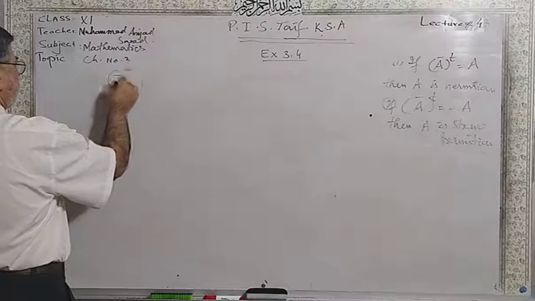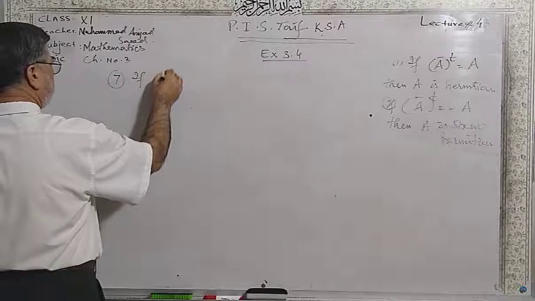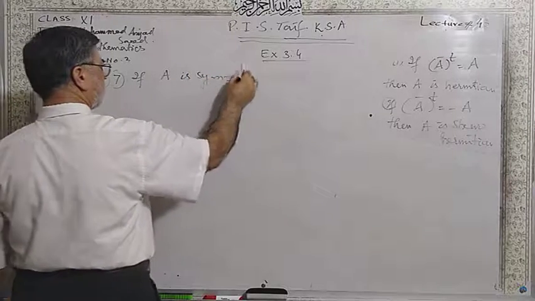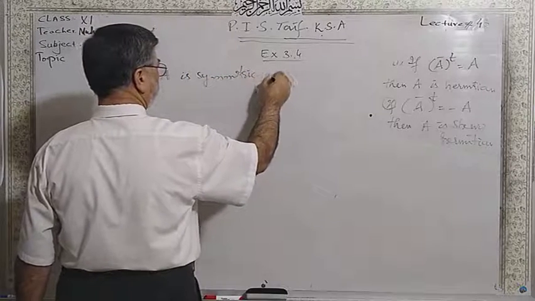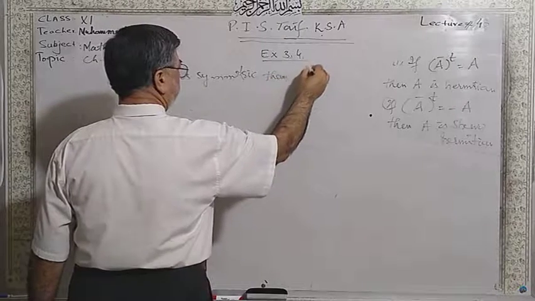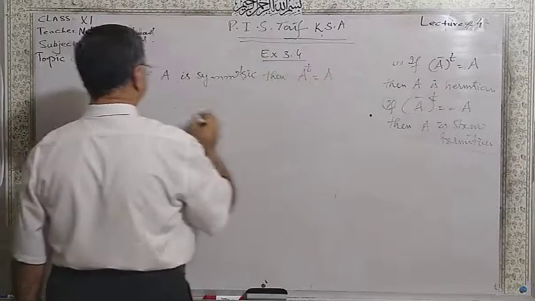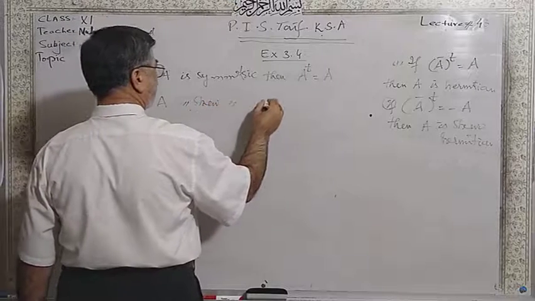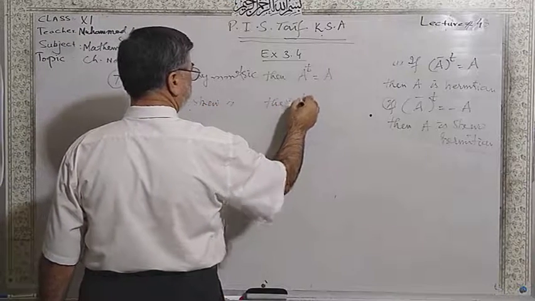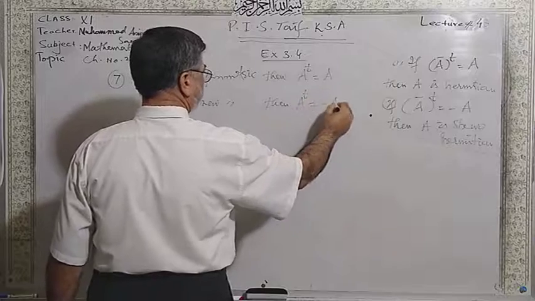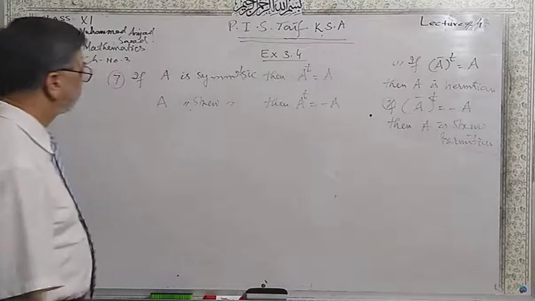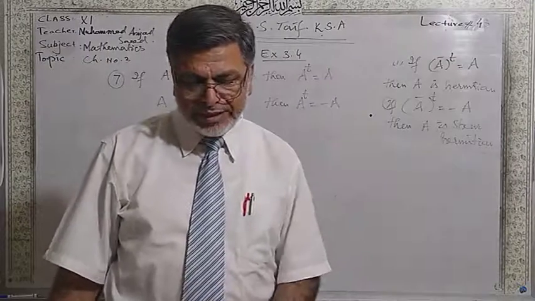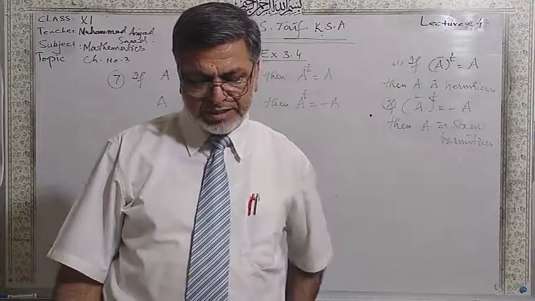Question number 7. If A is symmetric, then A transpose is equal to A. And if A is skew symmetric, then A transpose is equal to minus A. The question is that show that A square is symmetric.